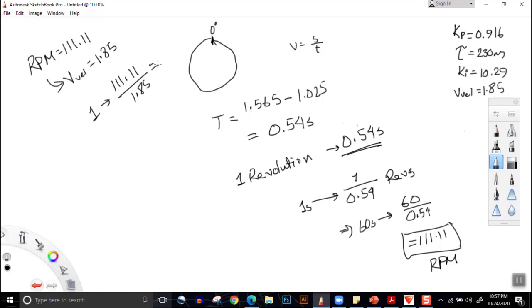So 1 volt will indicate 60.05 revolutions per minute. And this 60.05 is denoted by another factor Kr, which is 60.05.